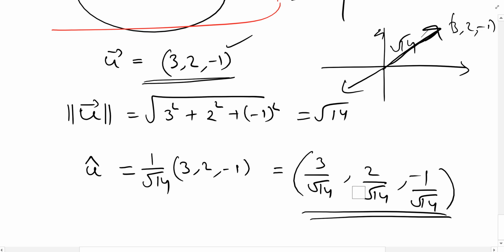So they have the same direction, but the length of u is that, and the length of this vector is 1. Why 1? Because we divided it by the length of itself. So if you divide any vector with its length, it becomes a unit vector. That means its length becomes 1.